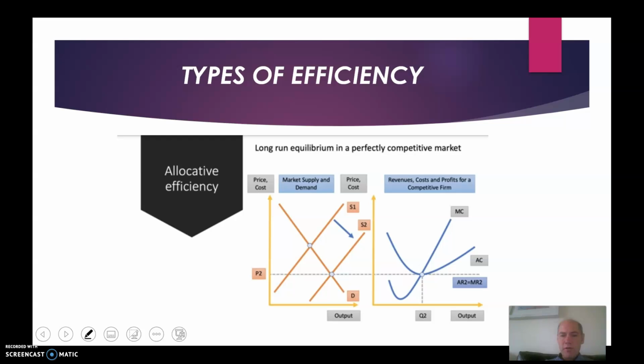Okay, no need to be overly concerned about this, but when you do go to revision, one of the places where you will find allocative efficiency is in a perfectly competitive market in the long run. Just in terms of what you do know already, and again, don't be concerned if this doesn't stick at the moment, but try and understand it obviously.